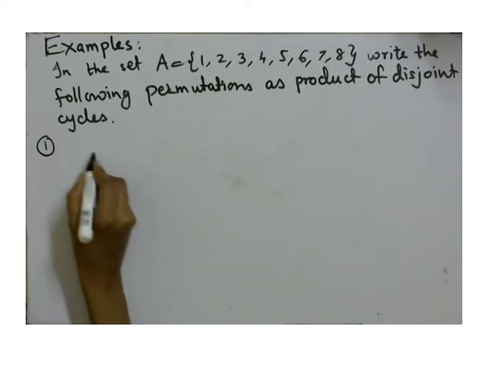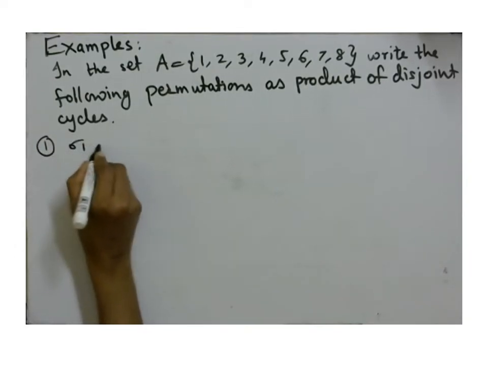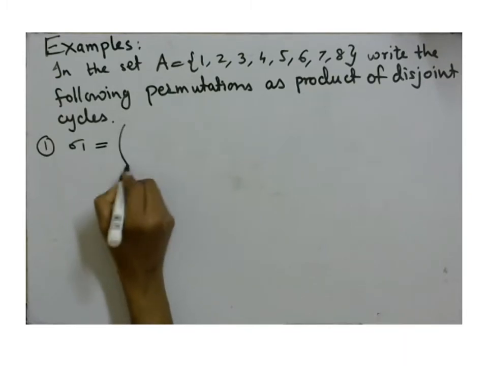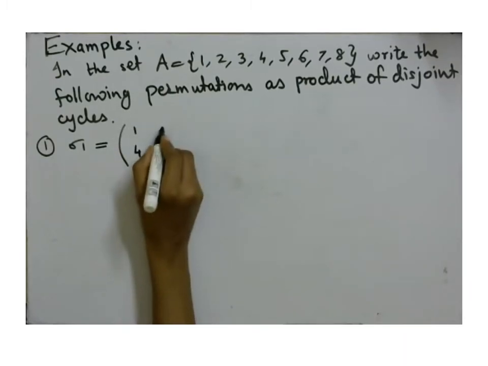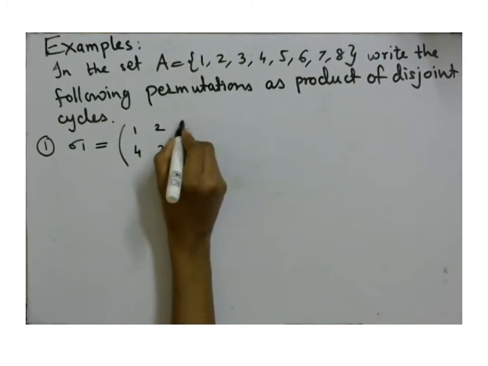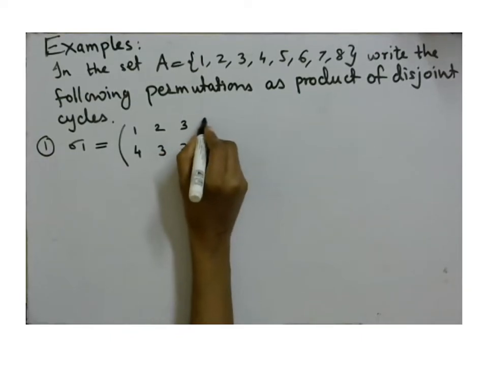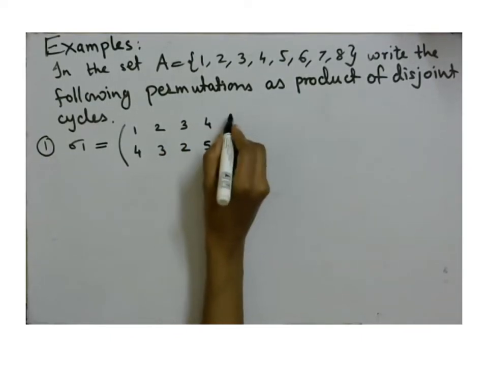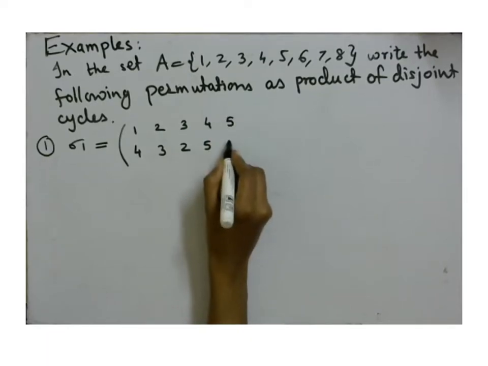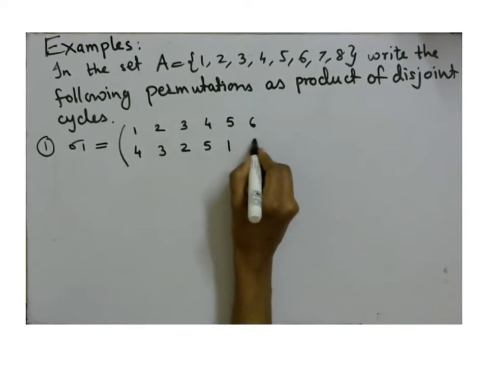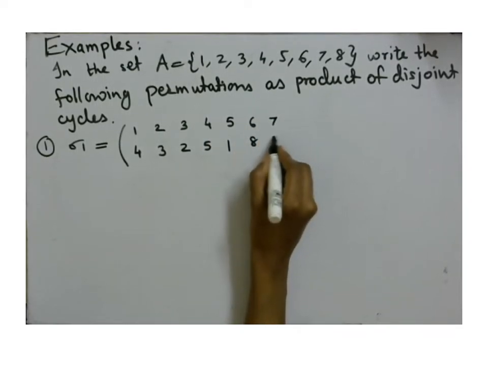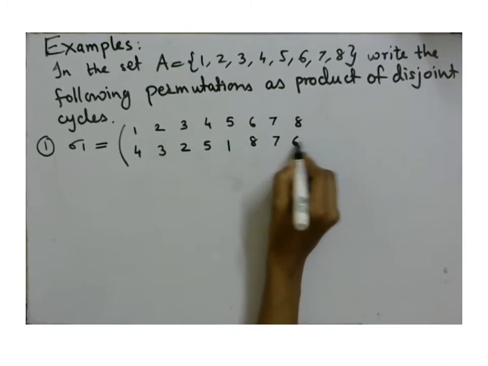So the first permutation, let us take sigma 1 as 1 mapping to 4, 2 mapping to 3, 3 mapping to 2, 4 mapping to 5, 5 mapping to 1, 6 mapping to 8, 7 mapping to 7, 8 mapping to 6.